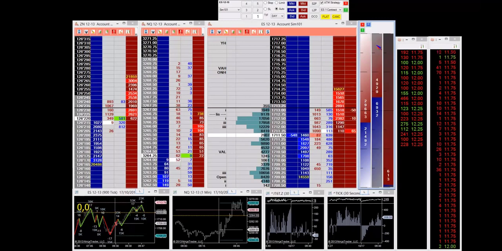Okay, now one of the key things about this: when we decide we want to exit, if there's a really large bid or offer in the way between us and the stop, we might just let it trade to that point and see what happens.